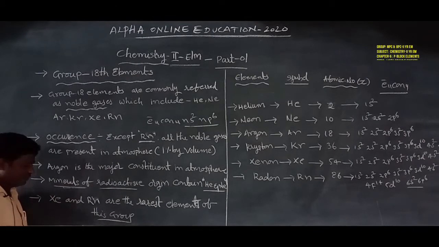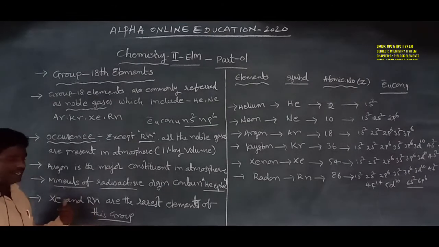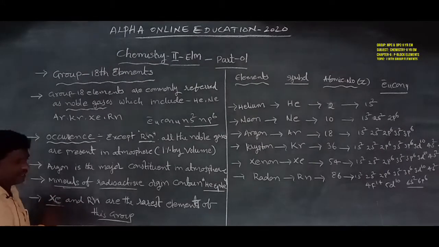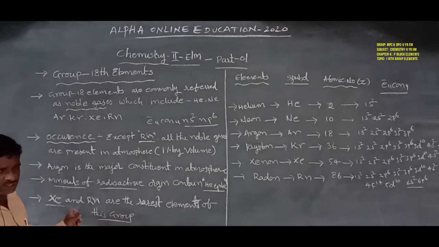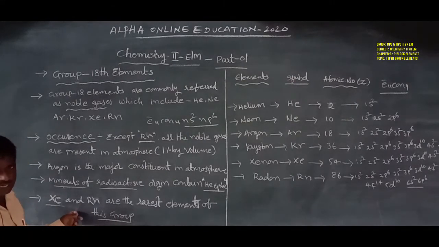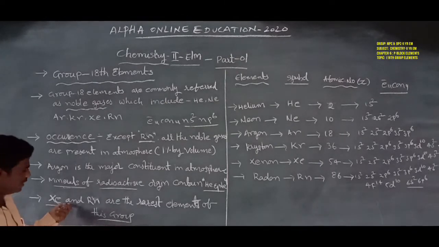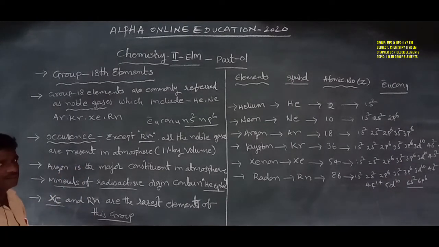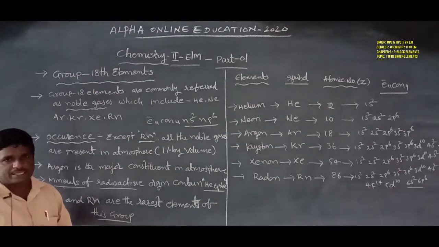And next, xenon and radon are the rarest elements of this group. In noble gases, or zero group elements, xenon (Xe) and radon, two elements, are the rarest elements.